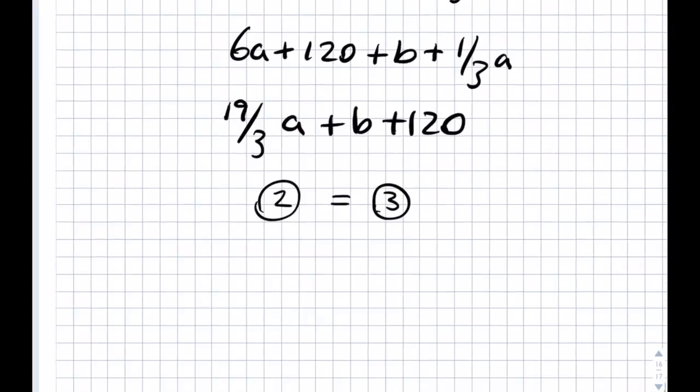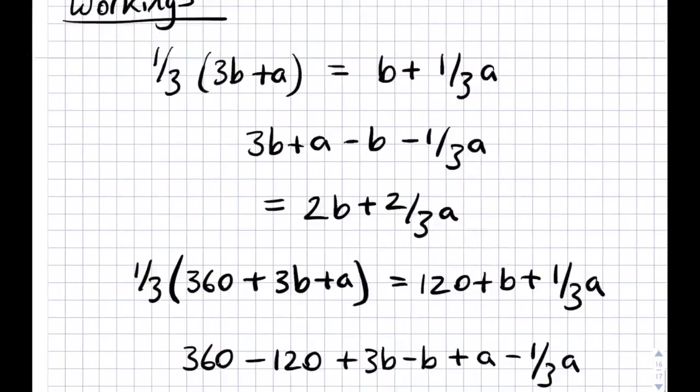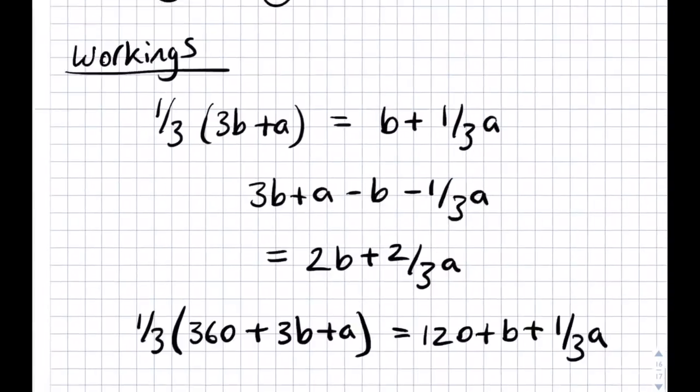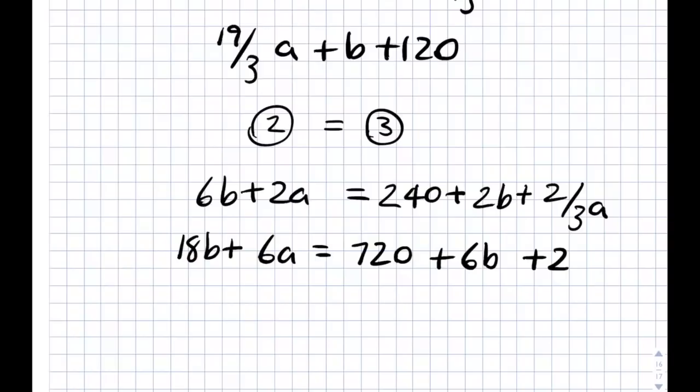So equation 2 is 6b plus 2a is equal to 240 plus 2b plus 2/3 of a. Okay, so to make life easy, I'm going to multiply through by 3. So I get 18b plus 6a equals 720 plus 6b plus 2a.